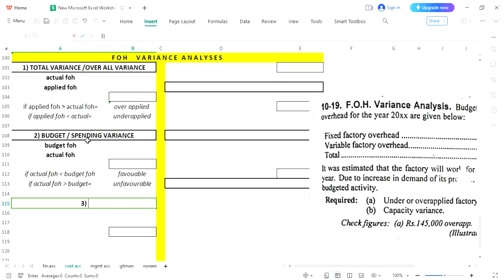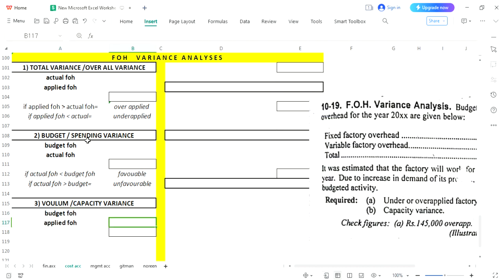So finally, we are at the third place where you will calculate your volume variance, also called capacity variance, and it is a relationship between your budget FH and applied FH. Here you will write budget and applied FH, and the difference would be written over here as your variance.